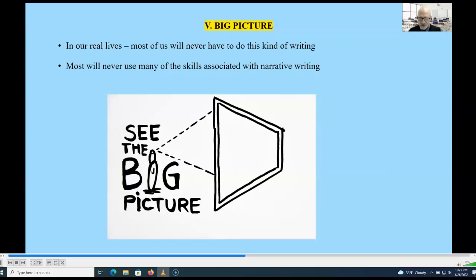In my 64 years on this planet, I've never been asked to write a biography or an autobiography, a memoir, personal narrative, or any form of creative writing outside a school environment. Most of us will never have to use the skills associated with narrative writing.